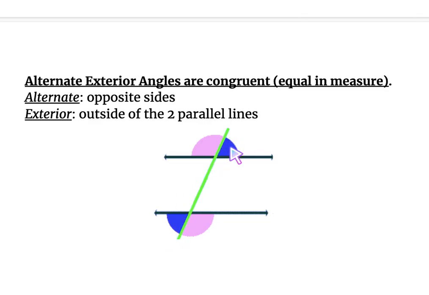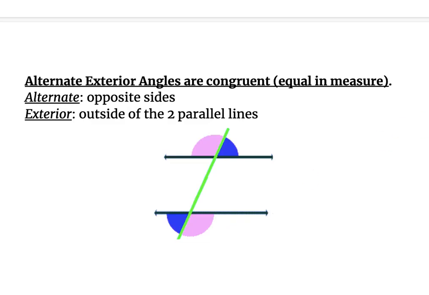They're the same measurement. If this was, I don't know, 75 degrees, this other one would also be 75 degrees because it would rotate and then it would translate to meet up there. Same thing with the pink. It would rotate and translate down. So it would be the exact same angle.